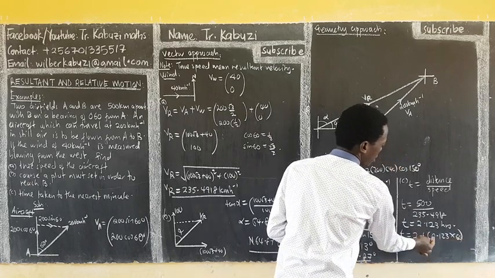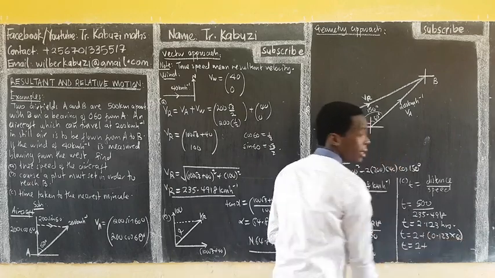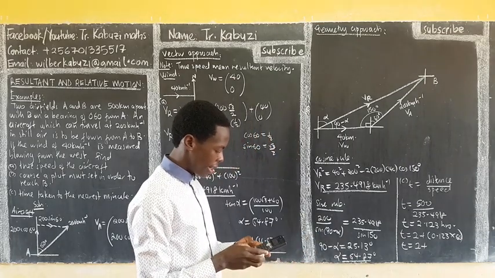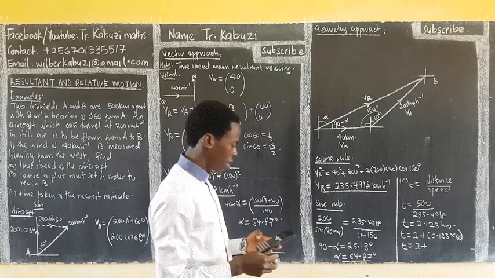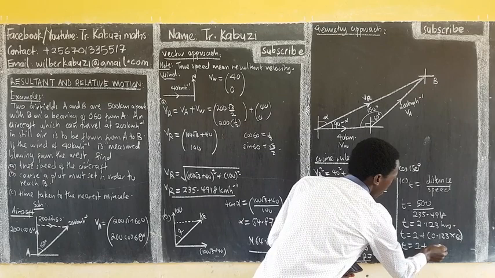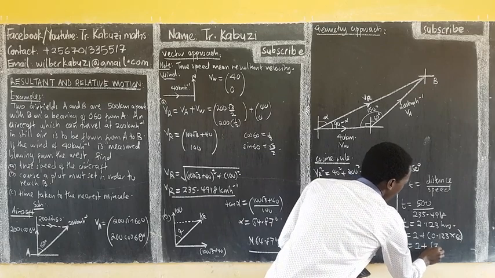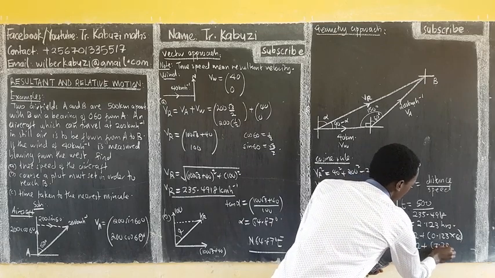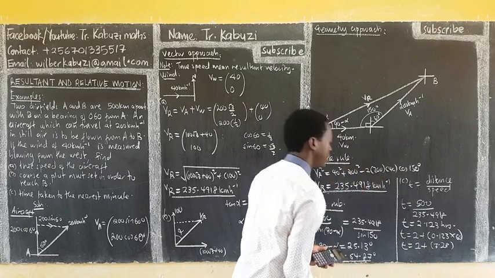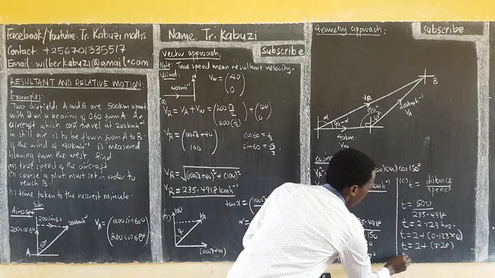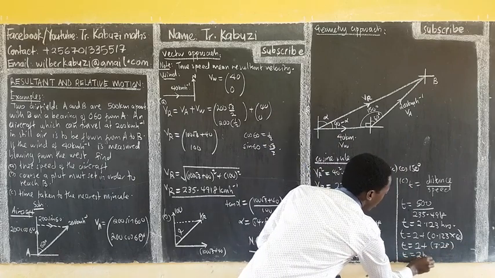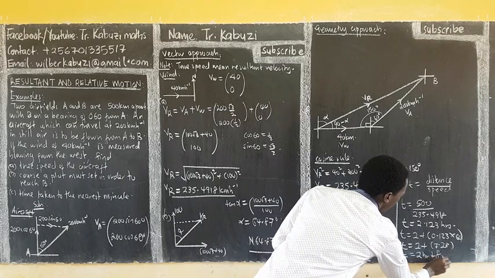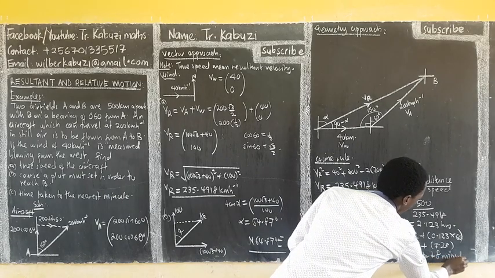Because these are hours and we are converting them to the minutes they want. So here I'm getting 7.28, to the nearest minute. Meaning now this will be 2 hours plus 8 minutes.